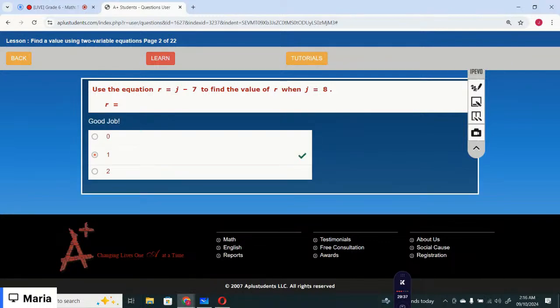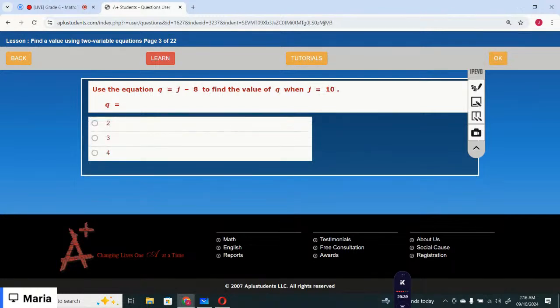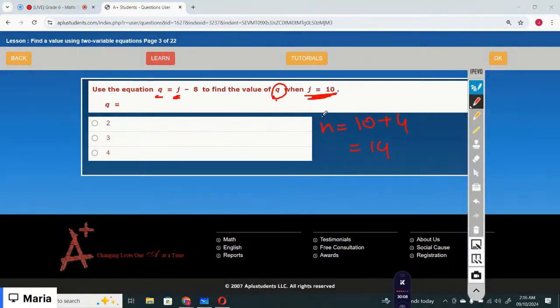Very good. The next one is use the equation q equals j minus 8 to find the value of q when j equals 10. So, which is the correct option? You are given j equals 10. That is, replace the j with a value that is 10. So, 10 minus 8 is 2.